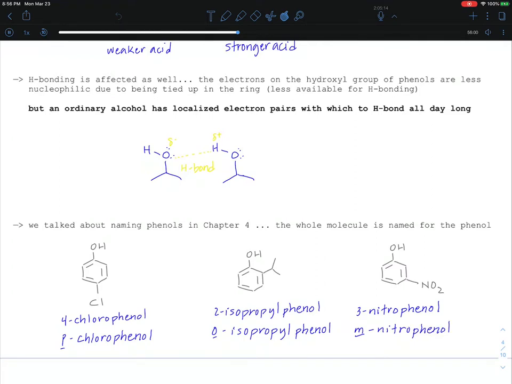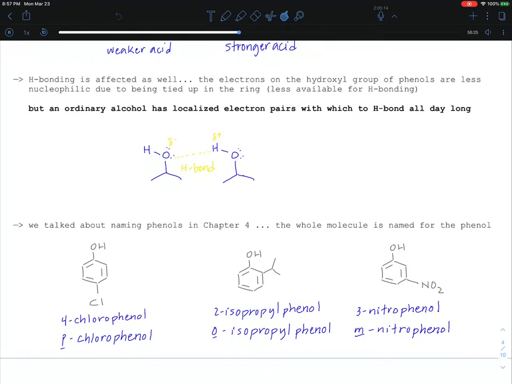Let's talk a little bit though about making this thing. What if you wanted to make meta nitrophenol? Well, if you wanted to start with benzene, for example, what group do you think that you should put on the ring first? And what you want to think about is, okay, I know that the hydroxyl group is an activating substituent, right?